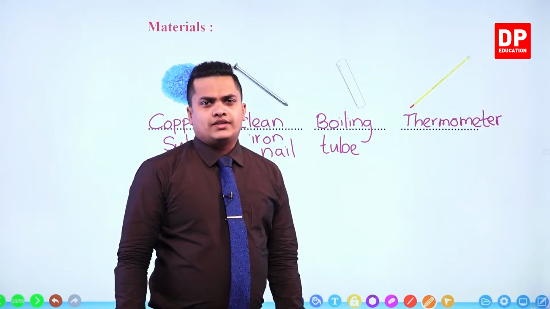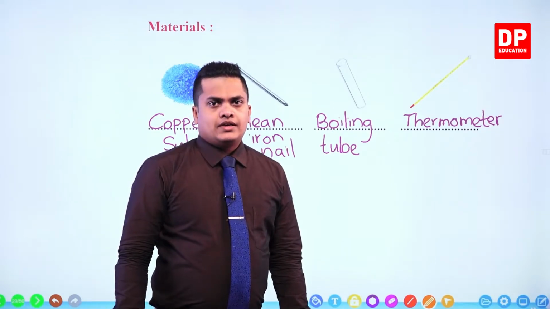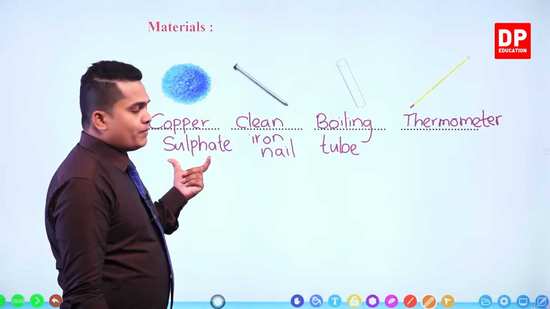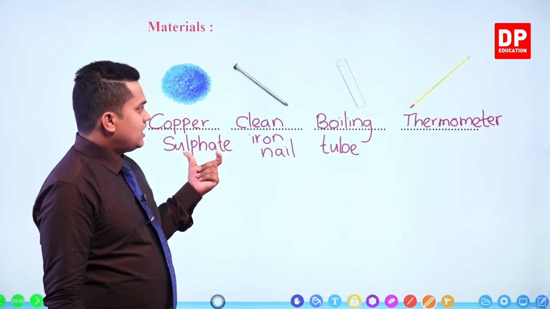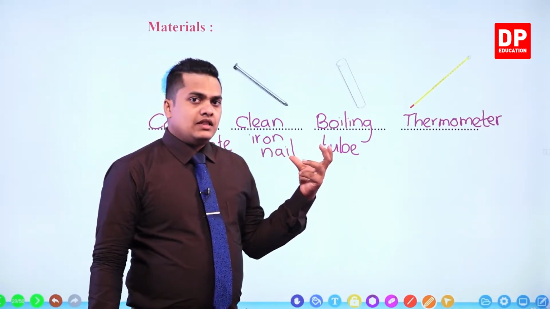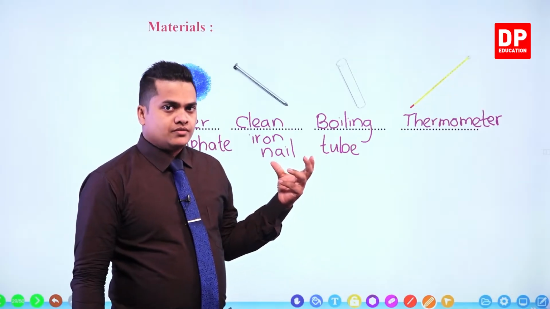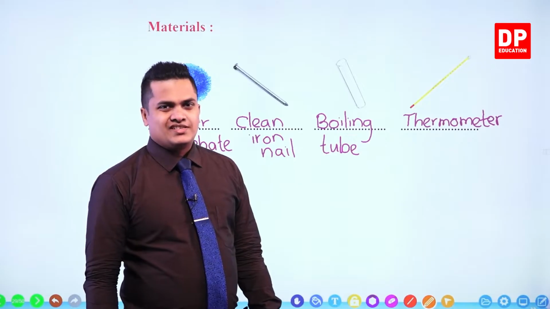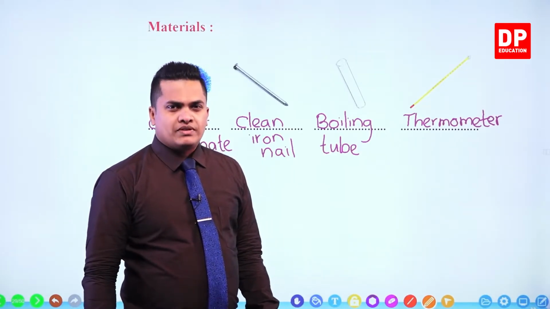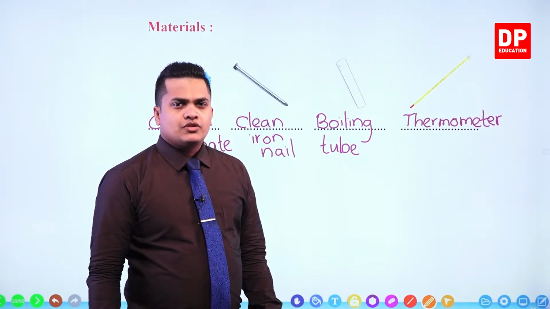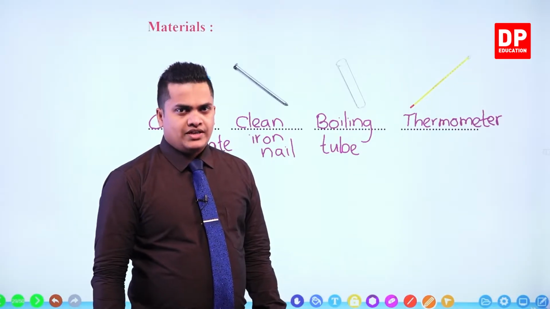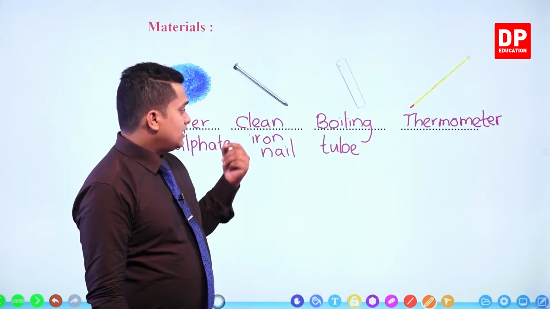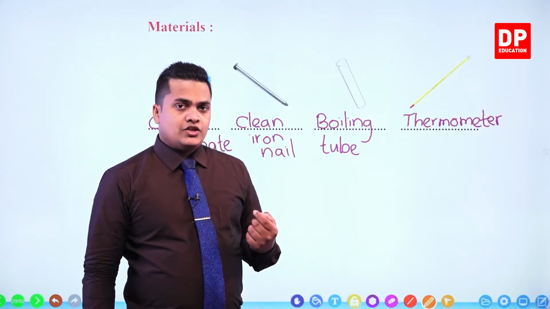So how to conduct the activity then? Conduction is really simple. You take copper sulfate and make a blue color solution by adding water to this boiling tube. Then we have to insert the clean iron nail into the system.